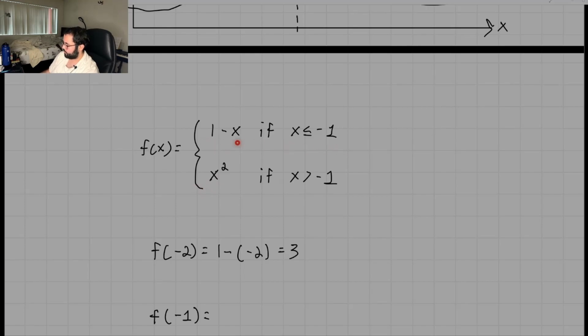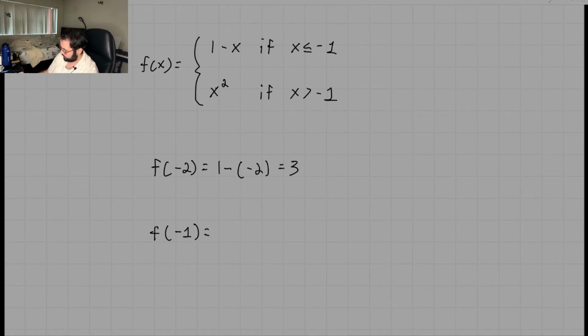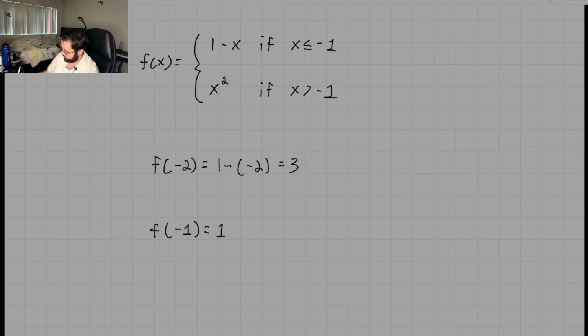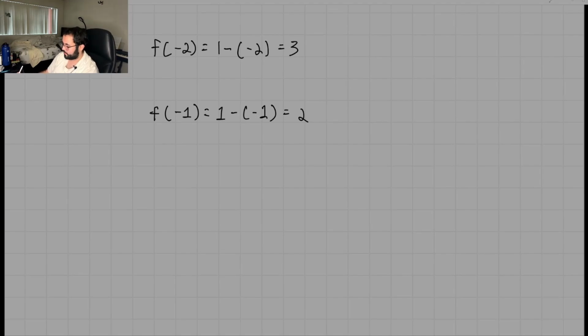This is the function that we use, because here the domain is less than or equal to -1. So this would be f of x is equal to 1 minus -1, which is just equal to 2. And then for our last example, we can say what is the value at x is equal to 0.